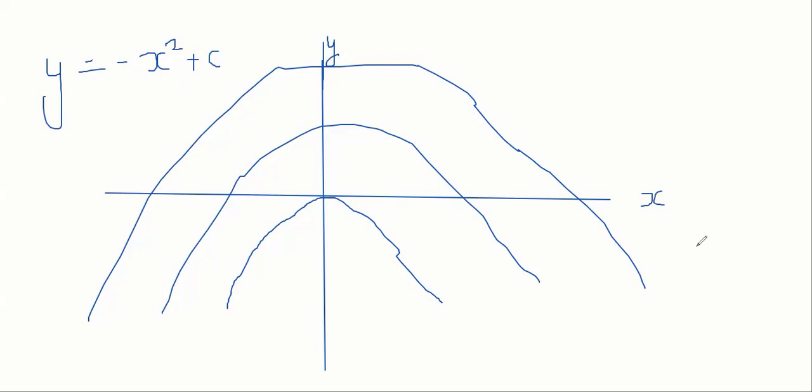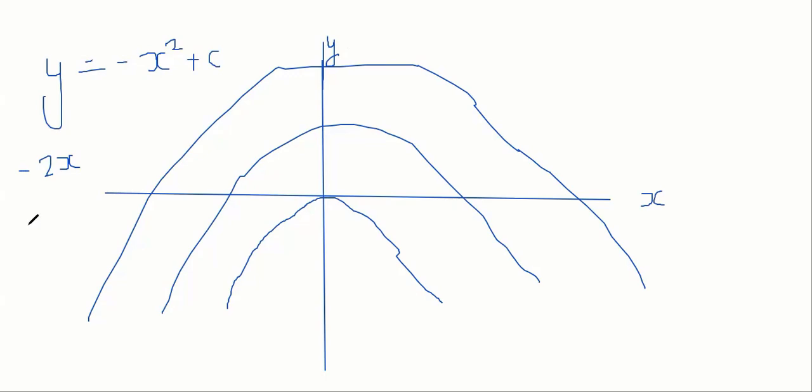Now, if we integrate this function, which we learn today, we get minus 2x, correct? Constant of differentiation of this is what?